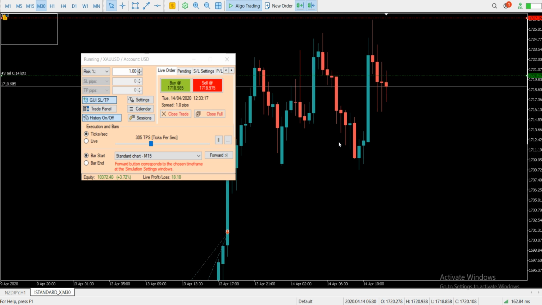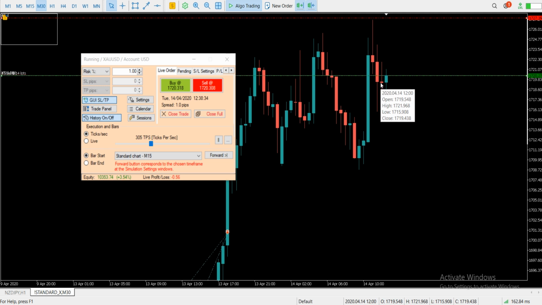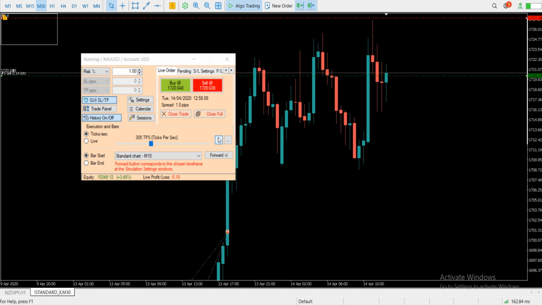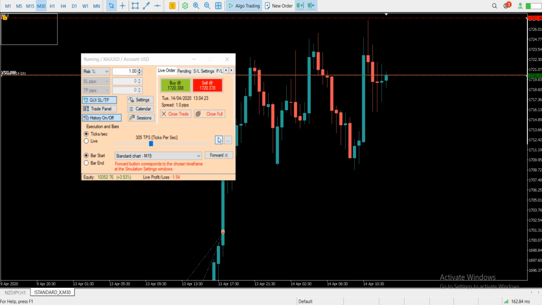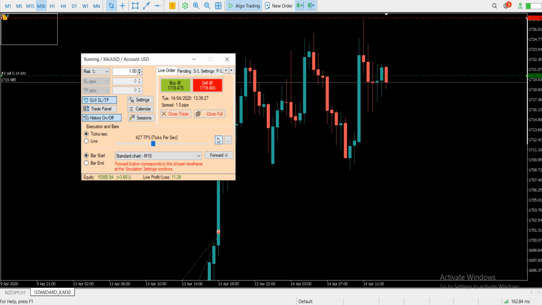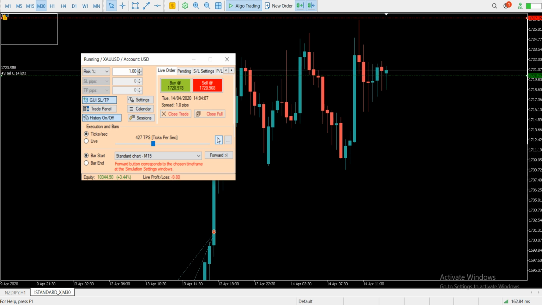Okay, candle closed, but with a weak body. Speed it up more. Candle closed bearish. We have a resistance forming here.